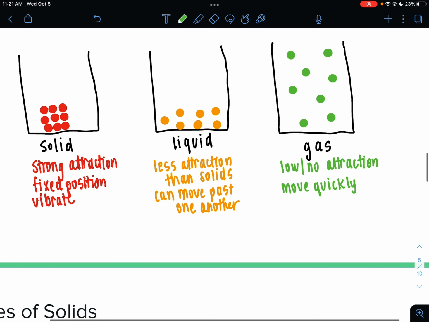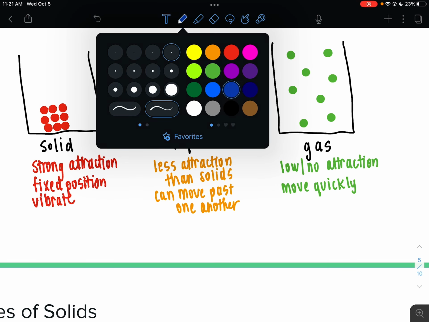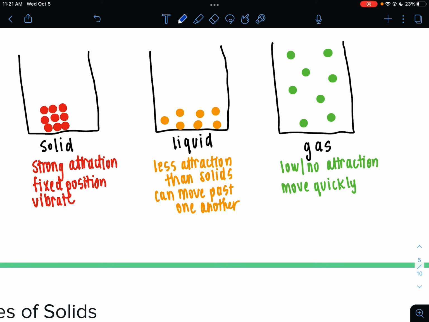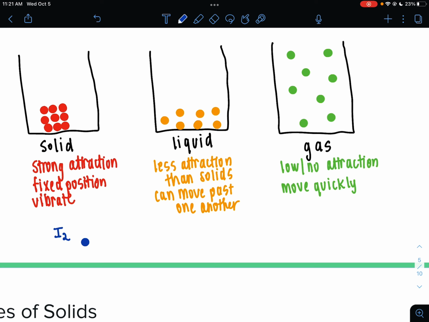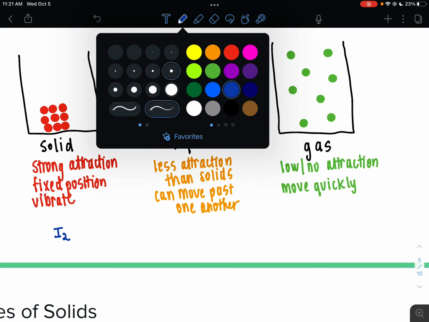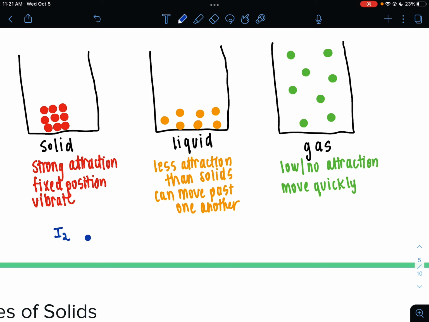Sometimes AP will make you draw a certain molecule as a solid, a liquid, or a gas, to show how the particles are. So if we looked at something like I2, I2 as a solid is a diatomic. So as a solid, it would be in pairs, and those pairs would all be really close to each other, kind of neat and organized.